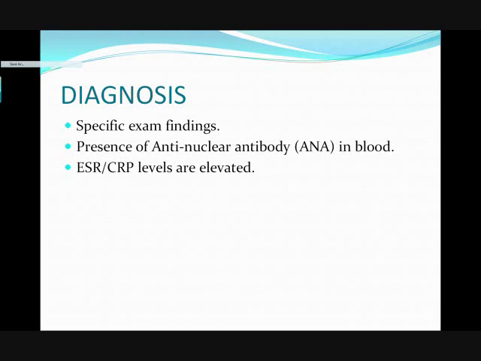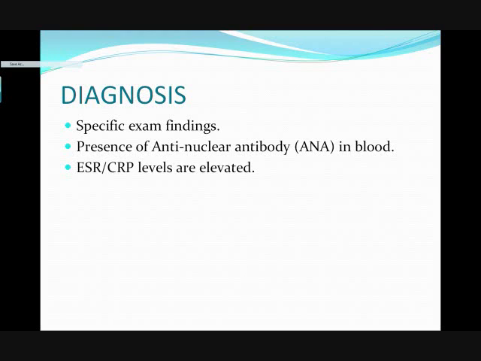I have a few examples of nursing diagnoses for lupus, so I'll write them on the board after. To diagnose lupus, you have to have specific exam findings. The presence of an anti-nuclear antibody, or ANA, in the blood.